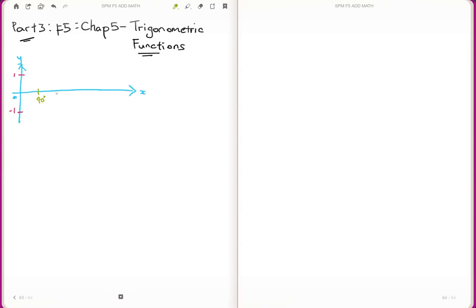So over here it's using 90, 180, 270, 360. So go up to here 2 centimeters, down here is 2 centimeters. Then 1 centimeter, 1 centimeter. Then over here, maybe you use 2, 4, 6, 8, maybe 10 centimeters. Okay, x.